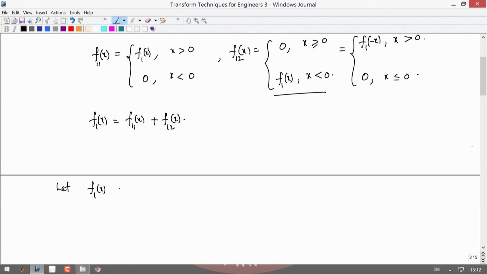So now I start with this f1 of x as such a function. So f1 of x is actually f11 of x. I choose this typical function for x positive, x belonging to 0 to infinity or minus infinity to infinity.